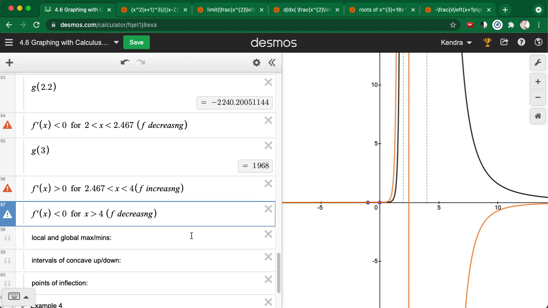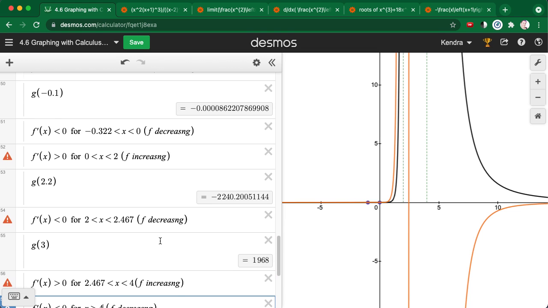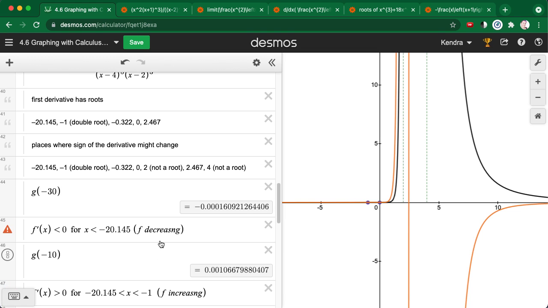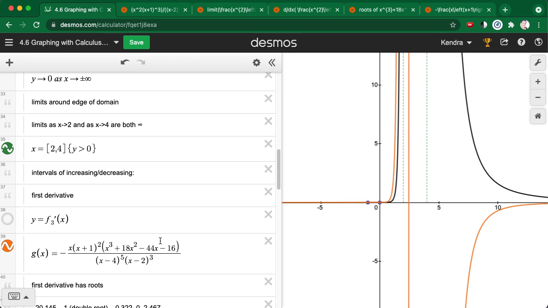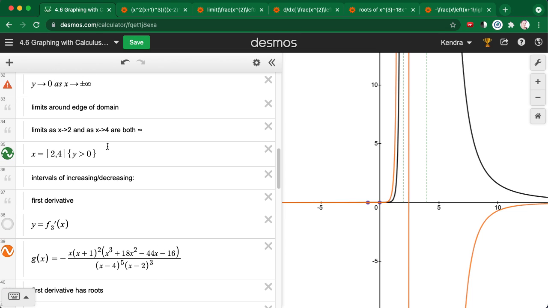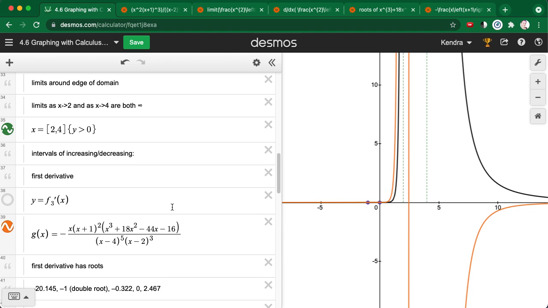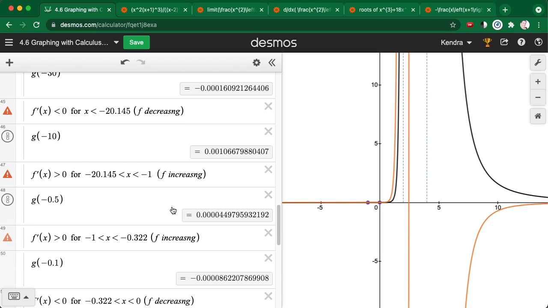So that tells us something about the limits, that's something that we saw with the limit before. Okay, this was quite a bit.